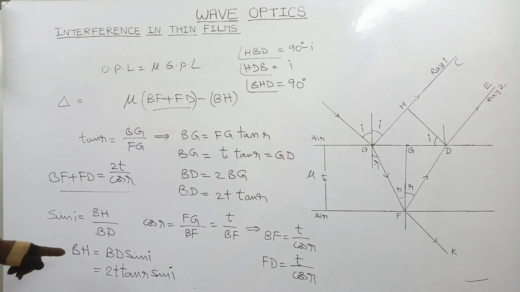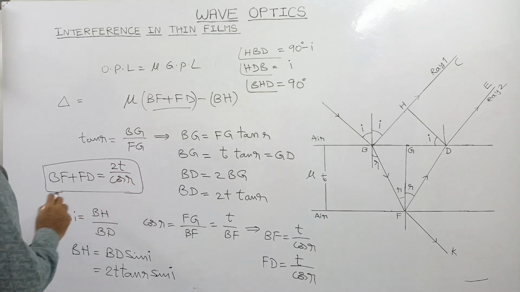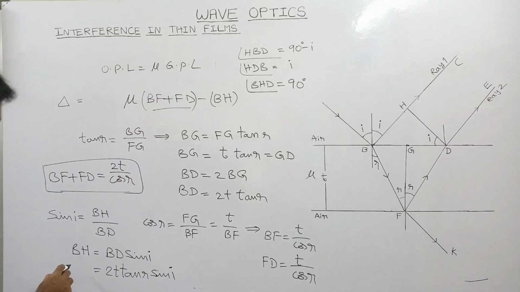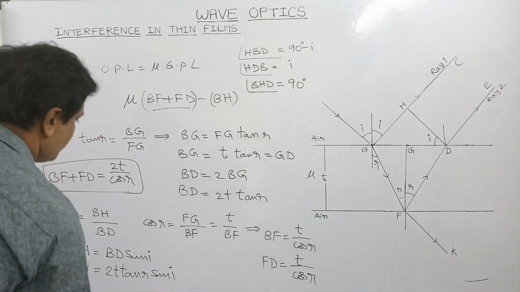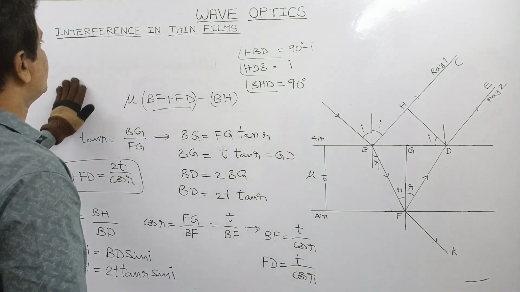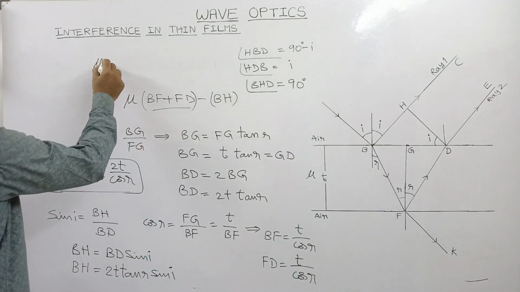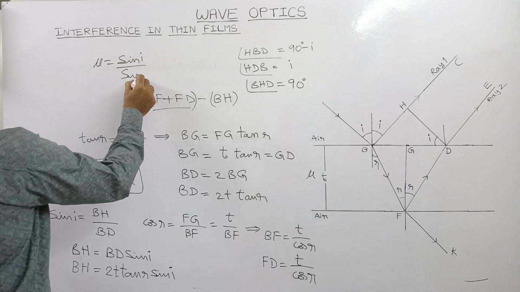So we got BF plus FD, and the BH value. But here, if you observe sin i, from Snell's law mu is equal to sin i by sin r.